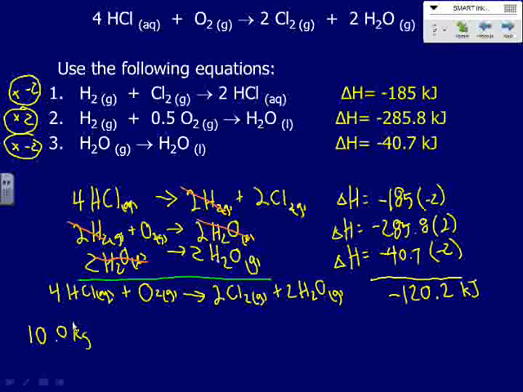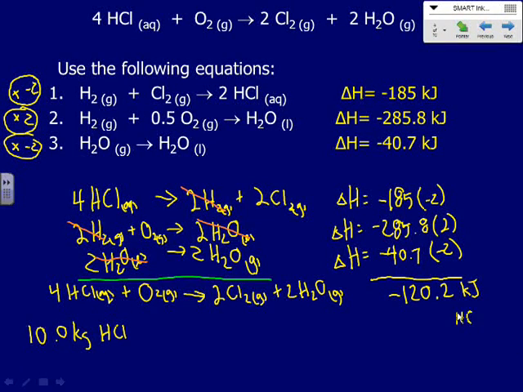10 kilograms HCl. In the end, I need to find out joules, and we know that we've got negative 120.2 kilojoules being produced for 4 moles of HCl. So in the end, I'm going to need to convert this mass into moles.